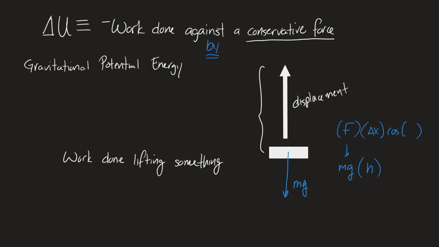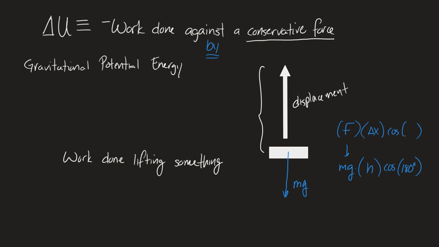And I'm lifting the book upwards, but the force of gravity is downwards, so 180 degrees. Don't be the person in 10 minutes to ask why it's 180 degrees. The book is moving upwards, but gravity is pulling downwards. That's where the 180 comes from. We good? All right.